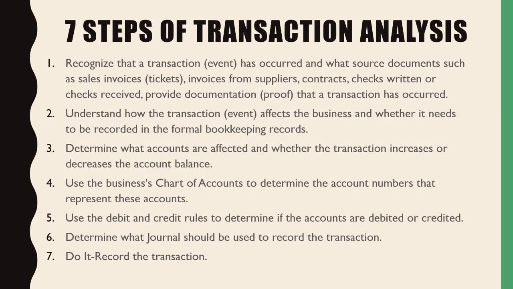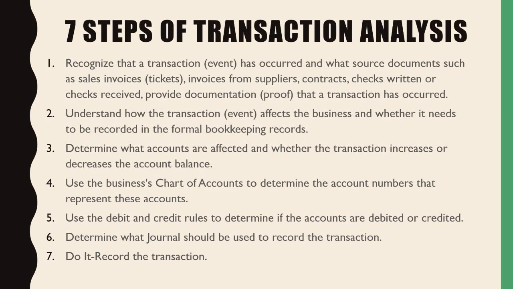If it doesn't exist, the bookkeeper must talk to the accountant and say, hey, I need to create an account for this because we need an account for it, okay? So again, if for any reason you need to adjust the chart of accounts as the accountant, you can do so, all right?